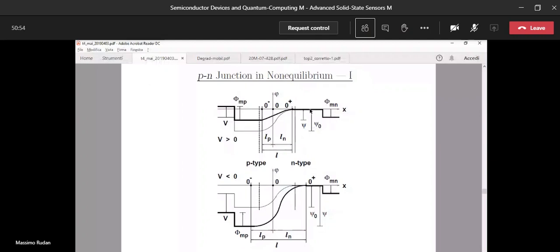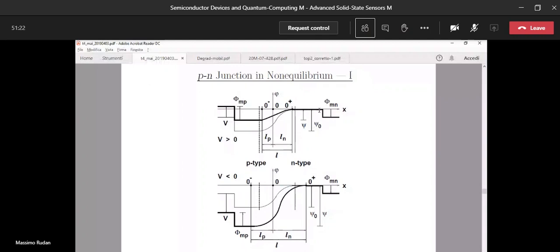On the other side, the region, the neutral region of the n-type stays the same. So the potential is a constant and equal to 0 there, okay? And the discontinuity doesn't change. And the horizontal line here does not change with respect to equilibrium, okay? Because we have taken the 0 on this side, okay? So globally, what does it happen?